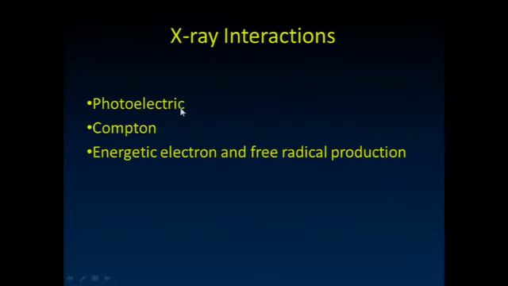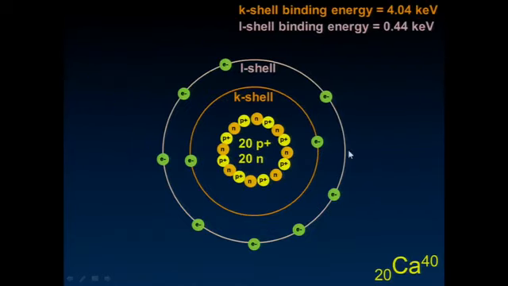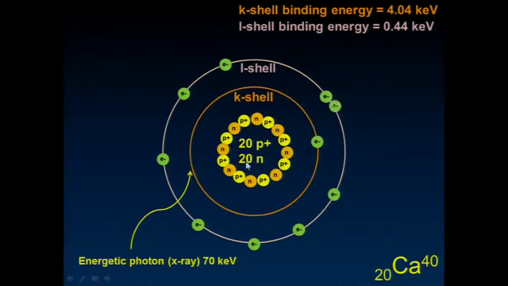We've talked about the photoelectric and Compton interactions. I want to go back and again emphasize over and over again those energetic electrons and free radical production that those are going to result in. Remember, the photoelectric effect is when one of our X-rays or gamma rays interacts typically with one of the inner shell electrons of the atoms that they're entering, and they kick those out of the shell and impart basically their energy to that.